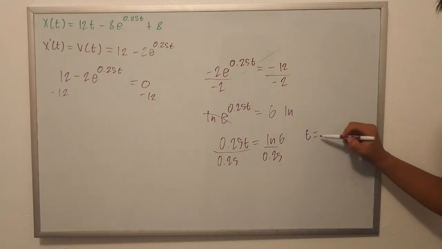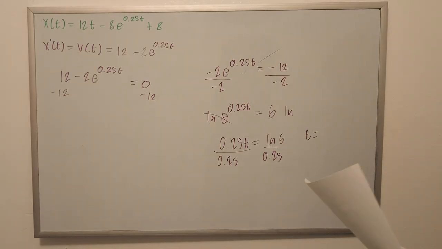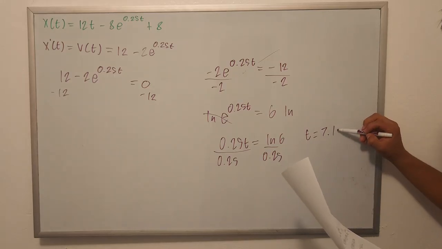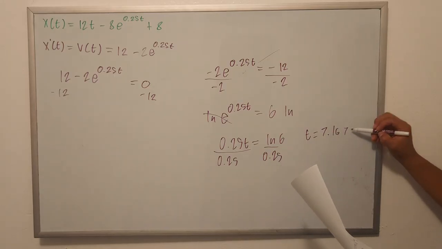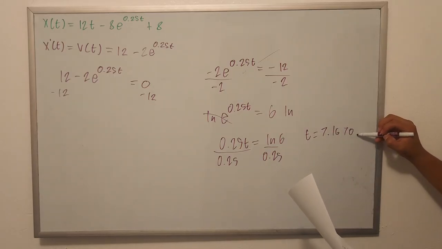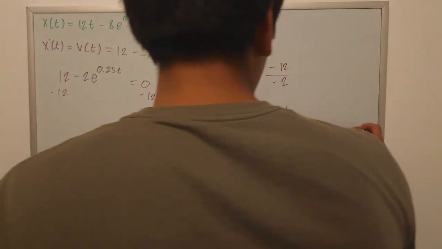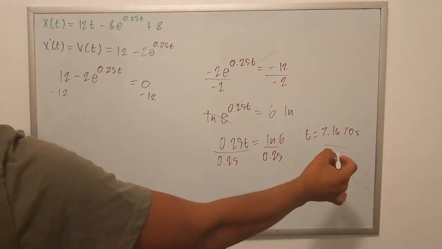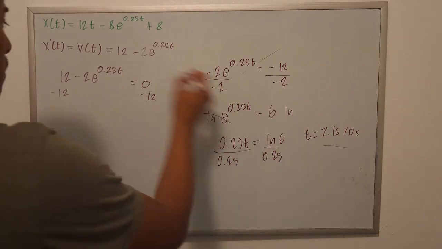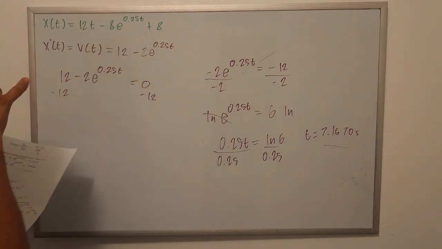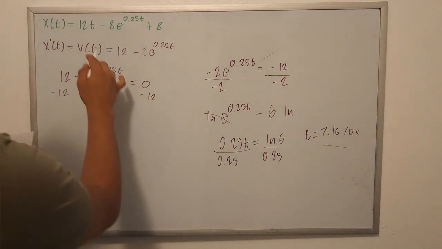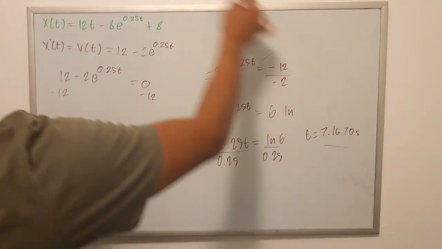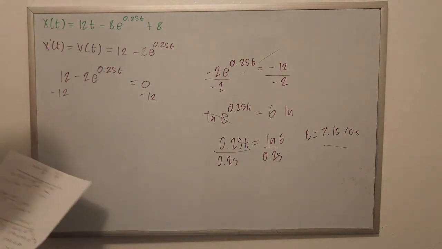And then your time should be equal to 7.1670 seconds. And now since it's asking us what is the position when our velocity is equal to 0, we found our time when our velocity is equal to 0, which is this one. Now we're going to plug this time into this equation to get our position.